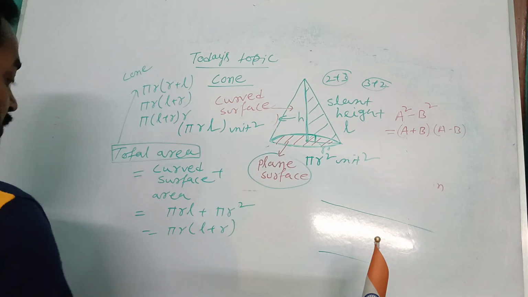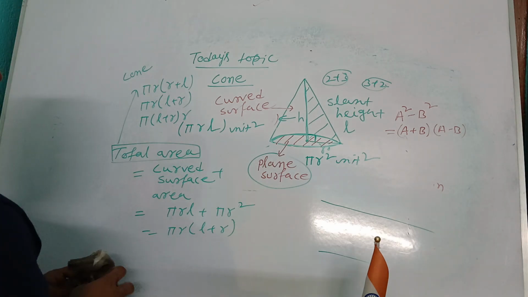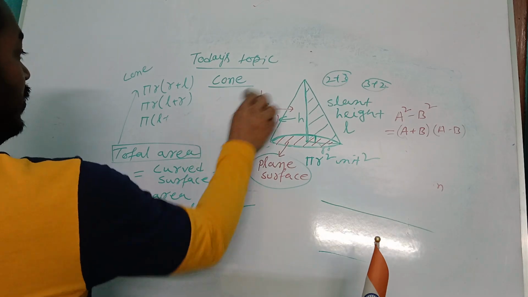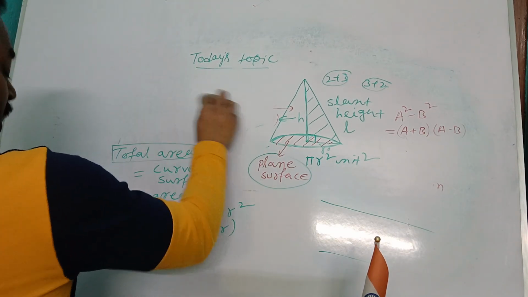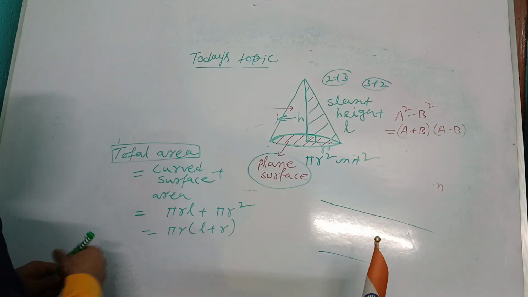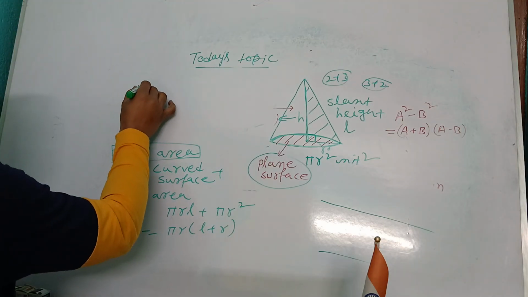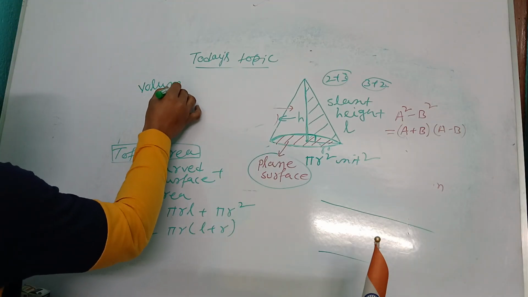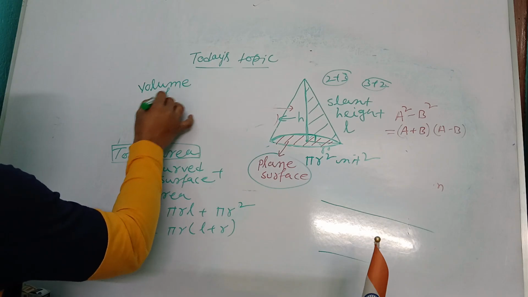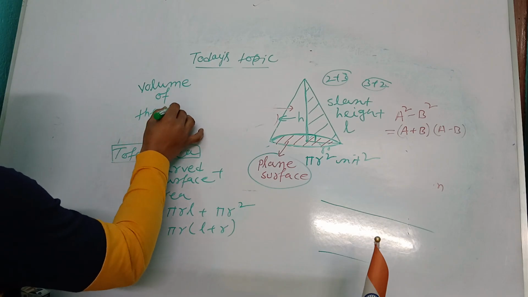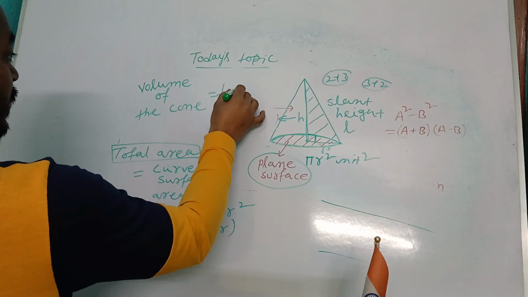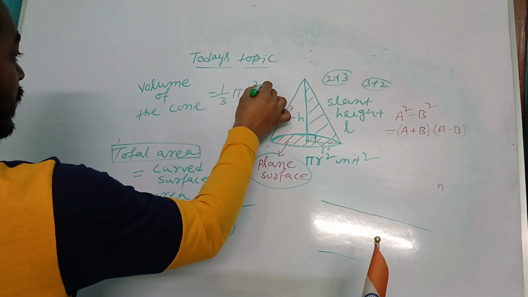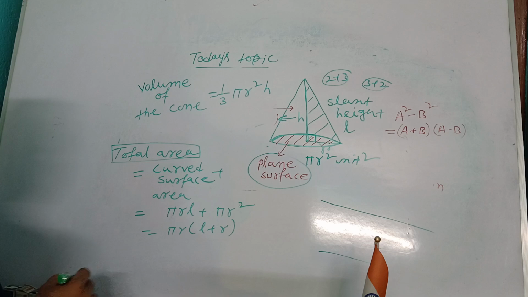Now, how to find the volume? Just remember this one. The volume of the cone is equal to 1/3 pi r square times h.